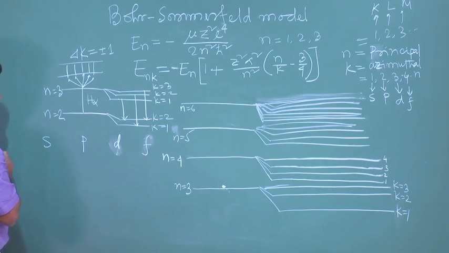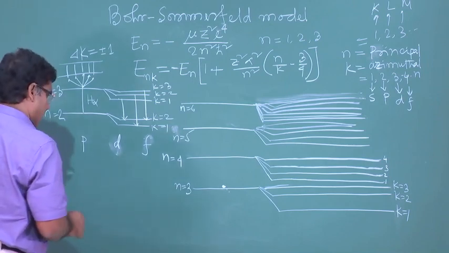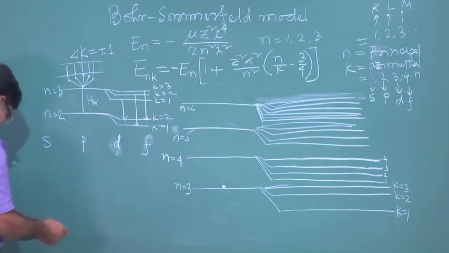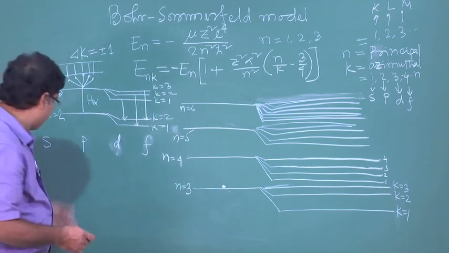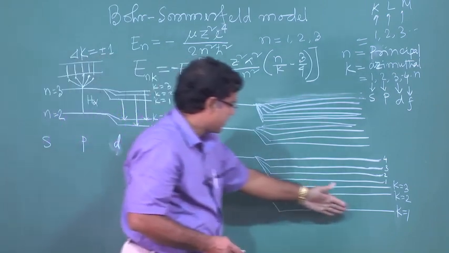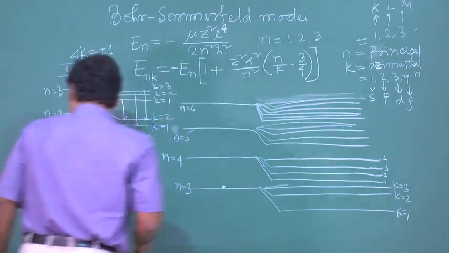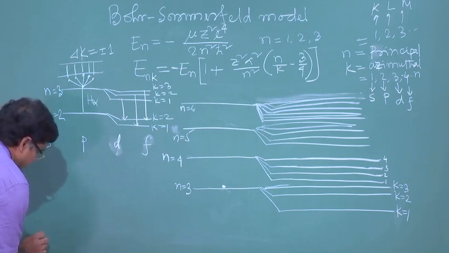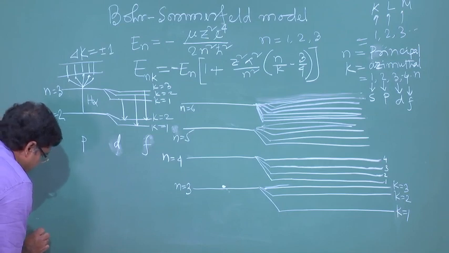Now for n equal to 3, there will be 3 orbitals, S, P, D. So the energy of S, if I plot here, is here. I think you can see the energy of S is here.